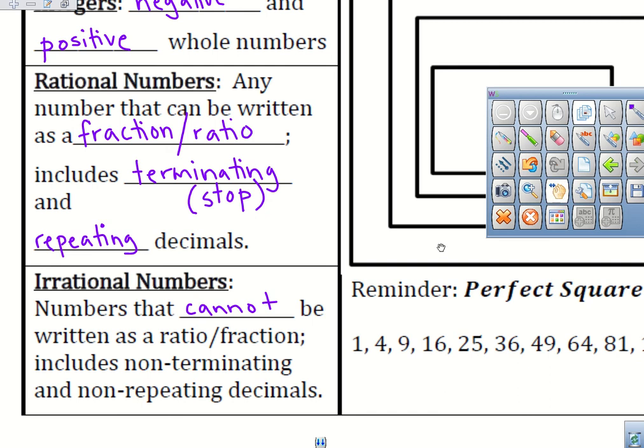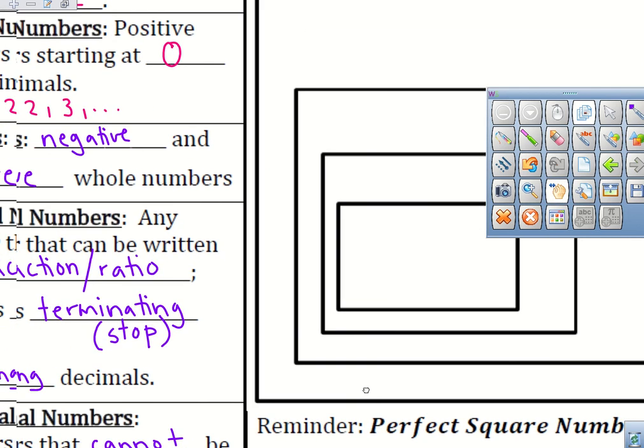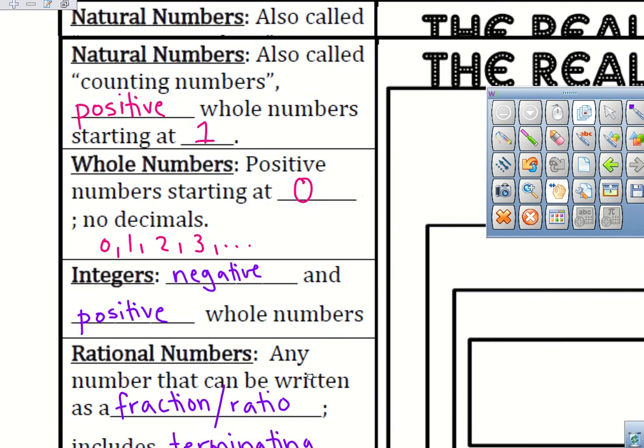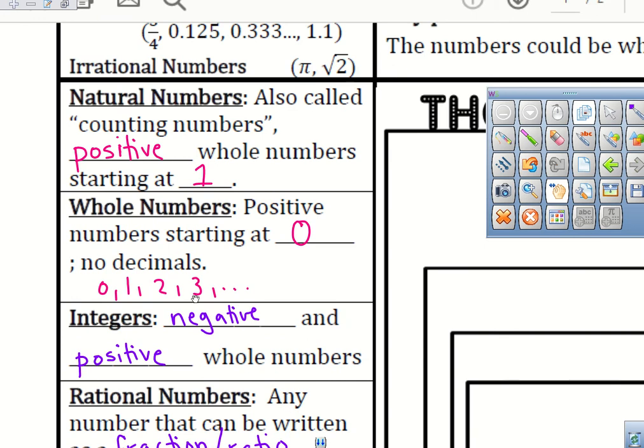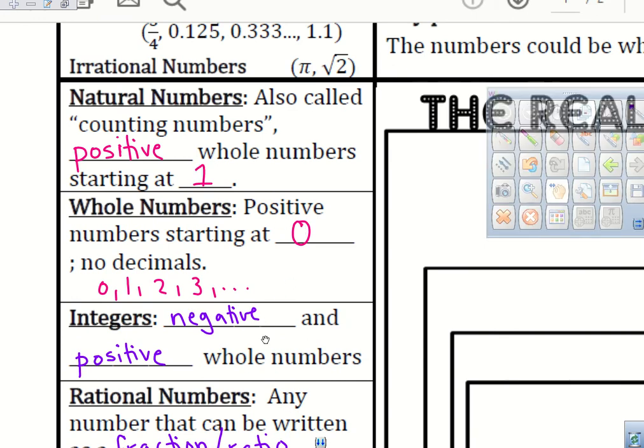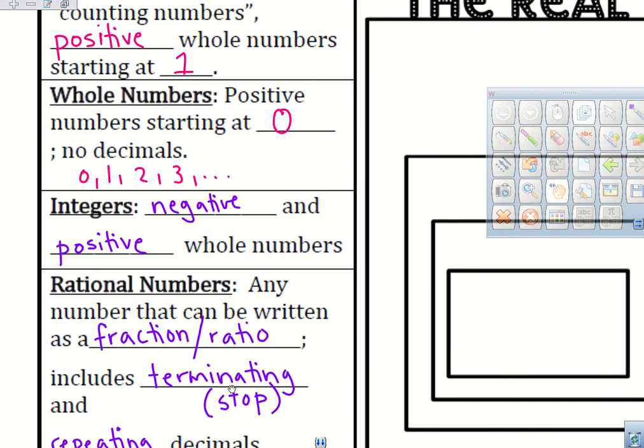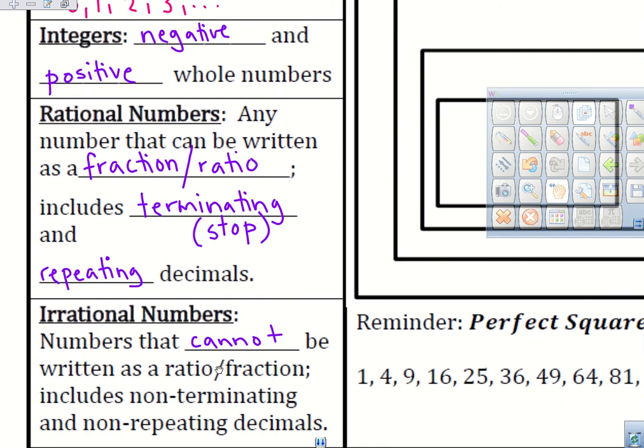Okay, so now let's go ahead and fill in our box. If you guys noticed here, we started at the smallest subset and then we built on it. So 1, then we went to 0, then we went to negative numbers, then fractions and decimals, and the numbers that are irrational or cannot be represented as any of the numbers we talked about above.